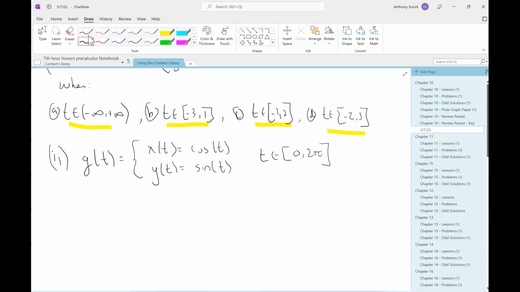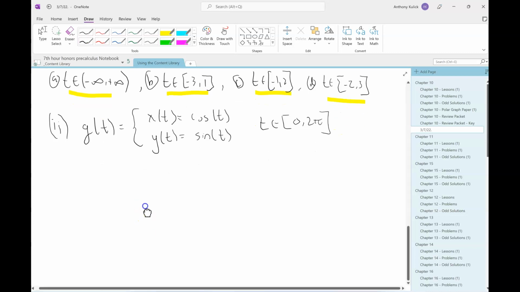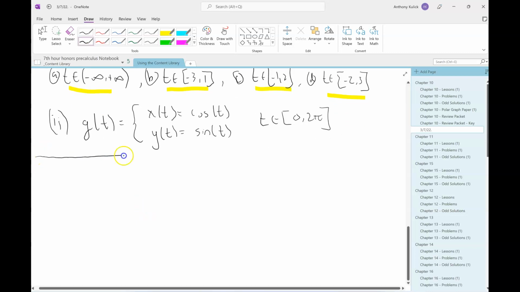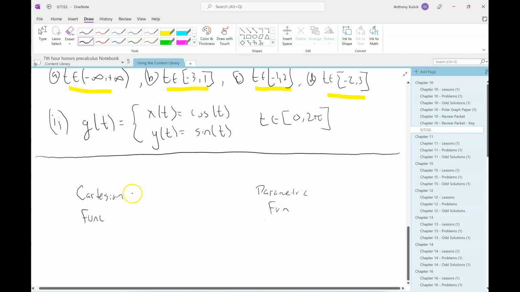Everybody okay so far? Okay. So we now have these two different types of functions. We have Cartesian functions, and then we have parametric functions. The normal thing we'd want to do is talk about how to go back and forth between them.